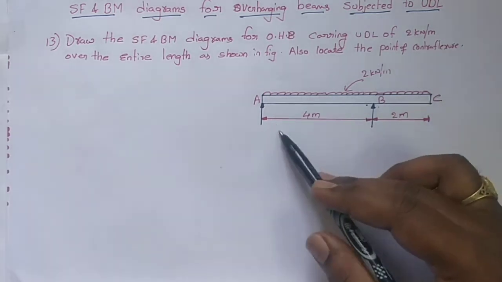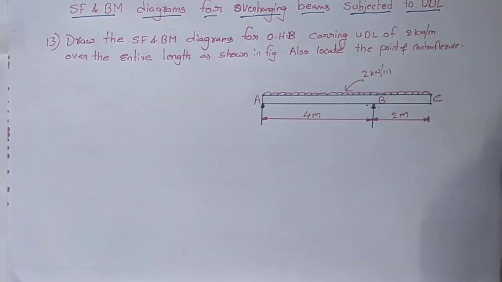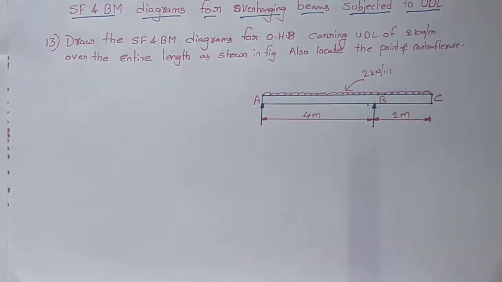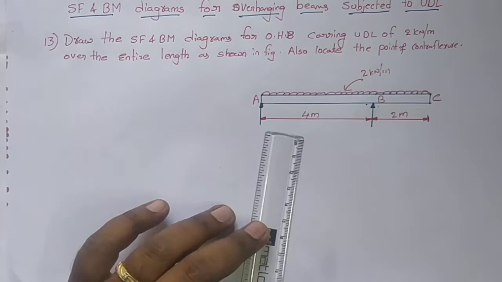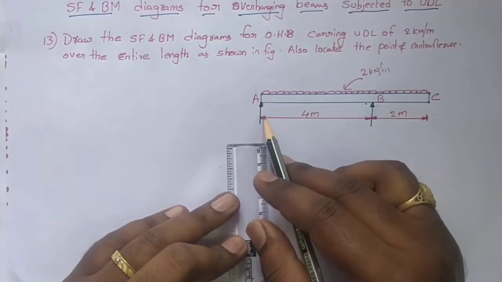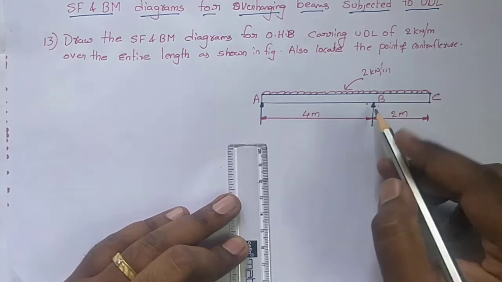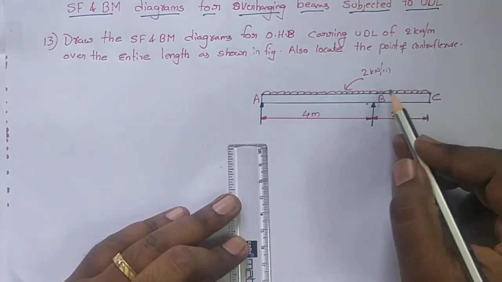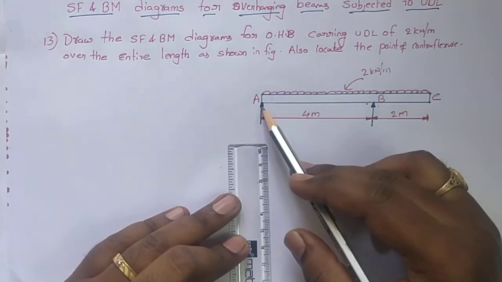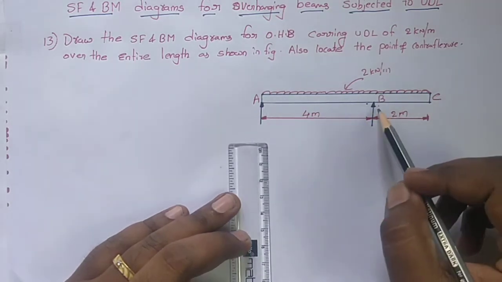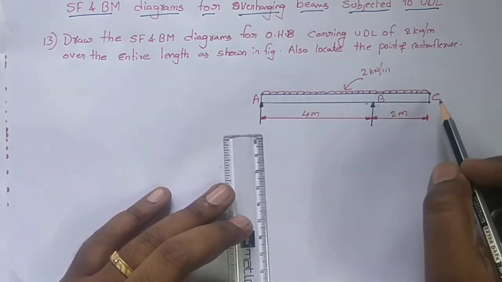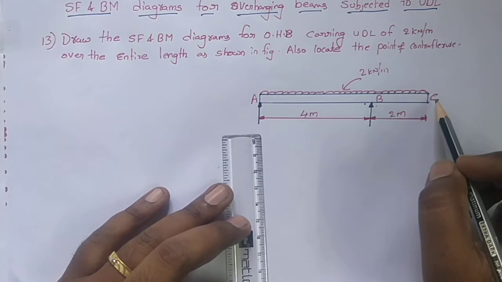Here is the given beam. First we need to convert the UDL load into point load. For this overhang beam, only the right-hand side is an overhang, with supports at A and B, and C is the end point of the beam.